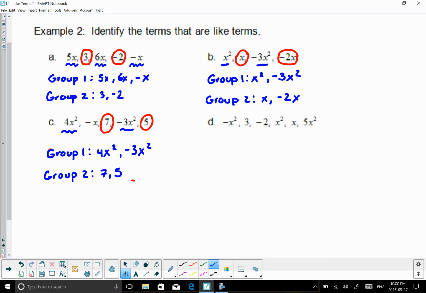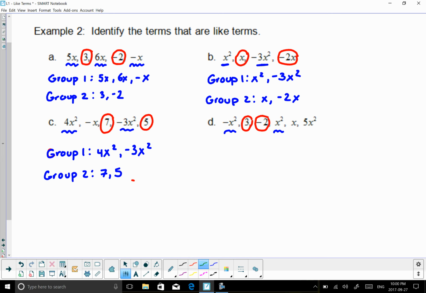So in D, we're going to now look again. Here I have negative x squared, so you're going to find something with an x with the squared on it for it to be a like term. So that's x squared, and that's x squared. Then I'm going to look for something that goes with 3. So I need another number on its own. And here's my second one.